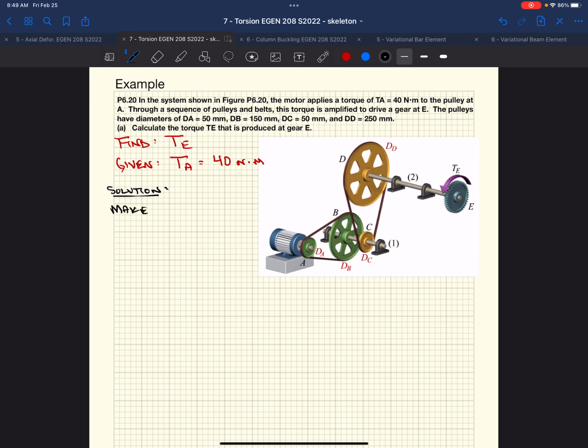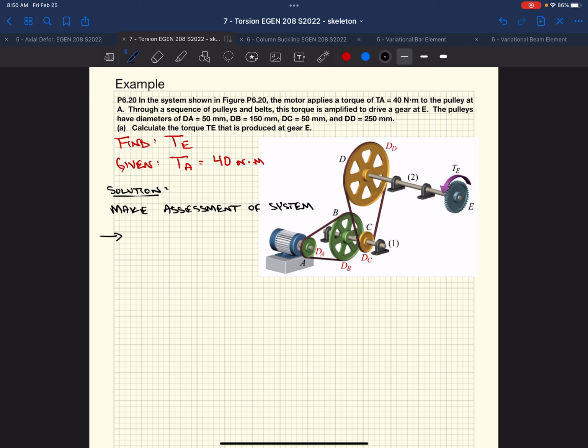So I'm going to make an assessment of the system. Just going to start at the motor, right? Well, the picture depicts it, but it's also provided up above, D sub A is 50 millimeters, and D sub B is 150 millimeters, right?